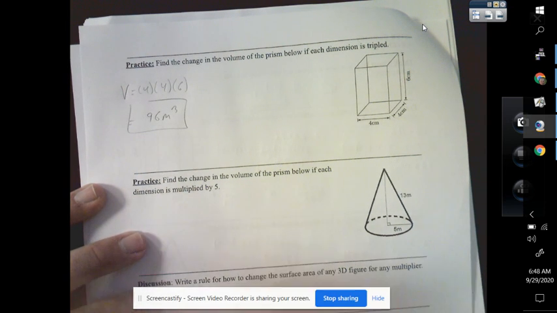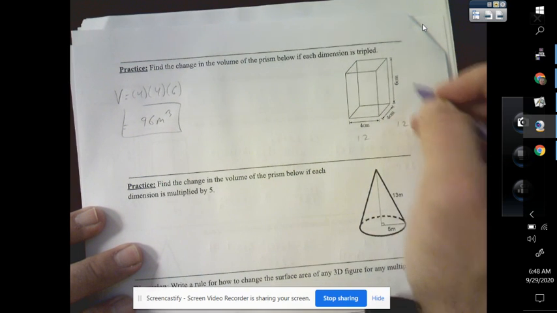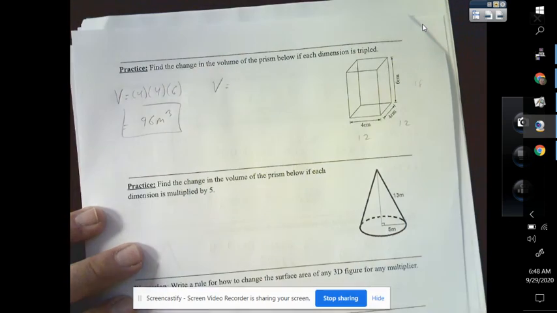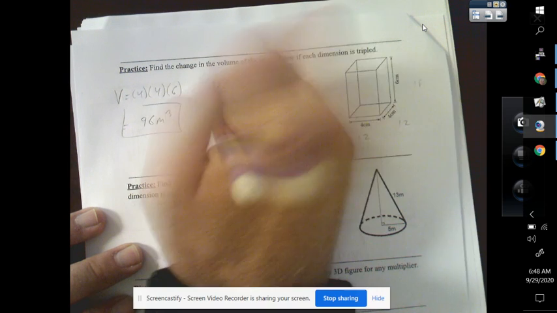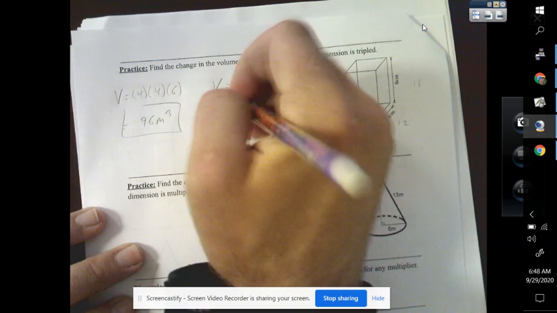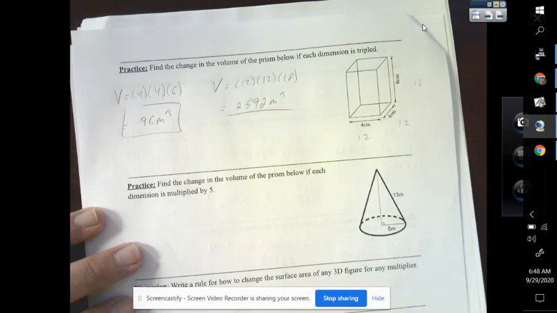If I triple everything over here, 12, 12, 18, same idea, volume of my triple, 12 times 12 times 18. We're going to end up getting 2,592 meters cubed.